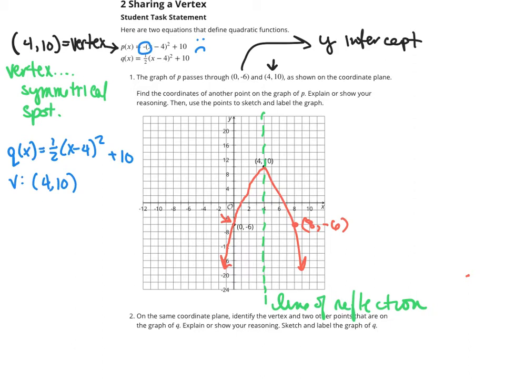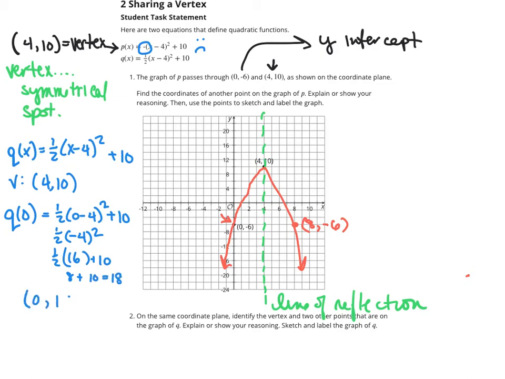Now, what is my y-intercept? If I evaluate at 0, I get my y-intercept. So this would be 1/2 0 minus 4 squared plus 10. 0 minus 4 is -4. Square that, I get 16. 1/2 of 16 is 8. Plus 10 is 18. So my y-intercept is 0, 18, which is right there.